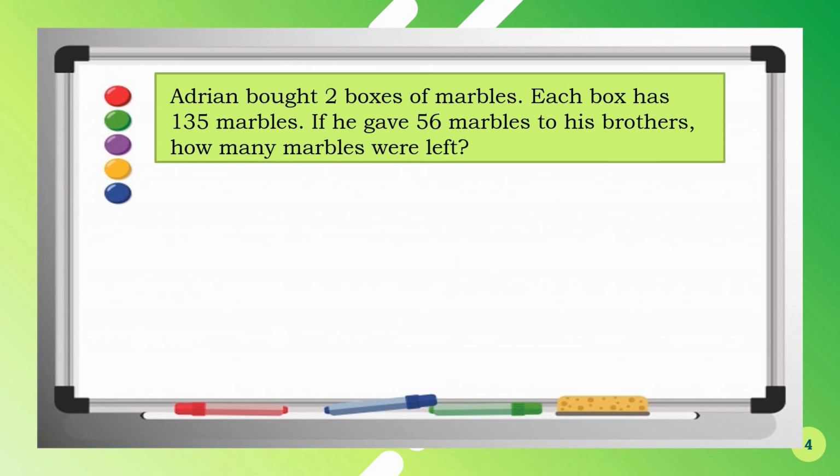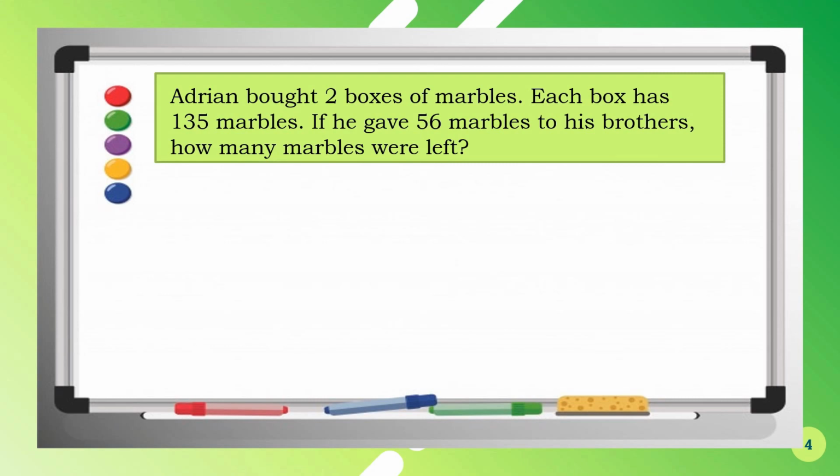Let's try to solve this word problem. Adrian bought 2 boxes of marbles. Each box has 135 marbles. If he gave 56 marbles to his brother, how many marbles were left?